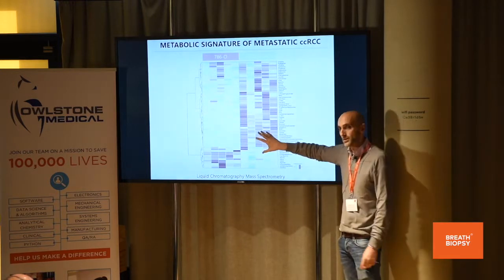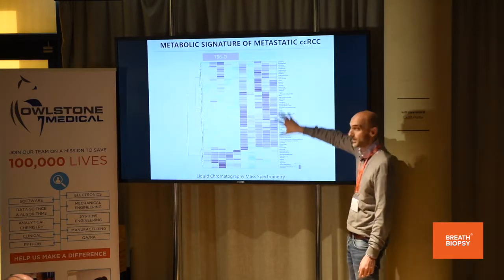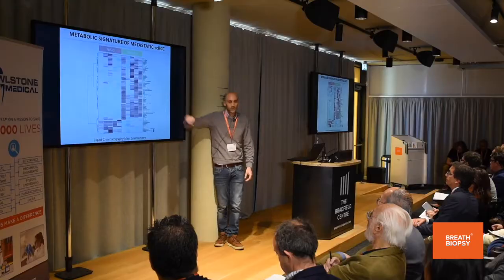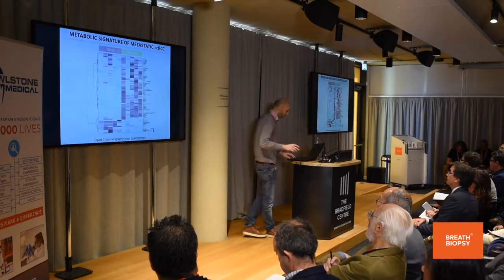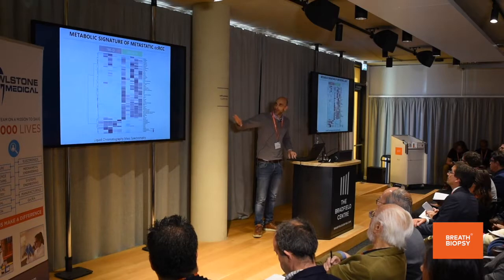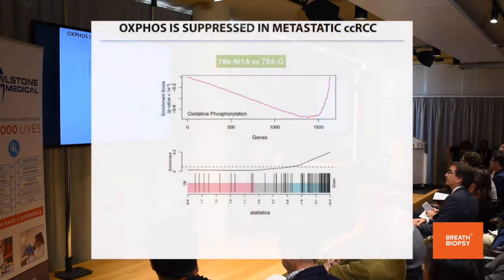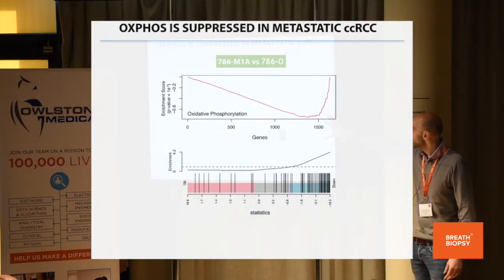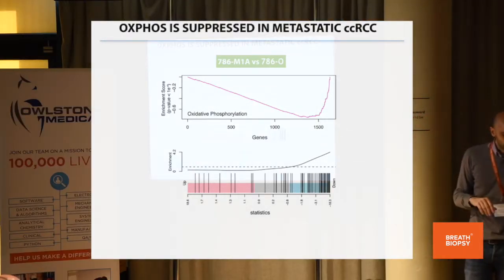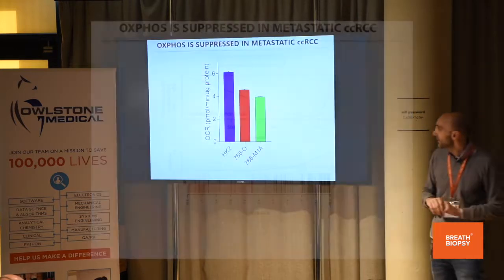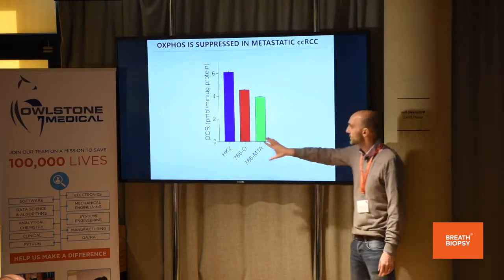They can be distinguished by their metabolic signature. And we are currently trying to address this more in detail, but I'm not going to show you much data about this. I just want to confirm that in this metastatic cell line compared to the parental, we can see a striking suppression of oxidative phosphorylation, and we can also see a striking suppression of oxygen consumption rate.